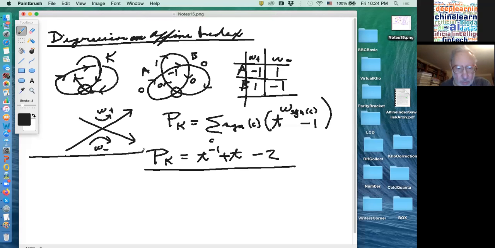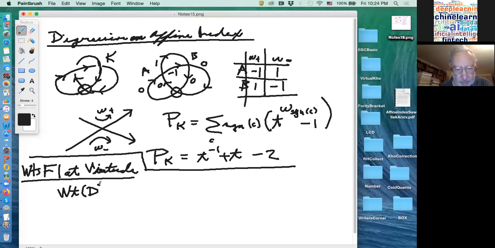So if we are dealing with flat virtuals, as we may well, then what is the story about the invariance of the weights for flat virtuals? The answer is that the weights of the flat diagram, and I will refer to the weights of the flat diagram as this chart, okay?